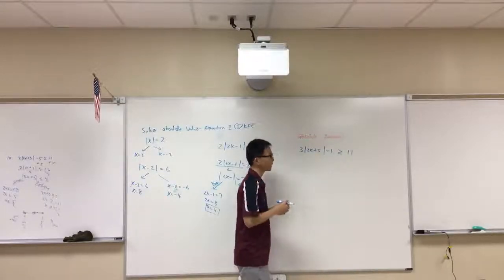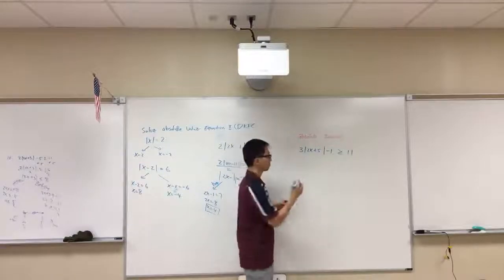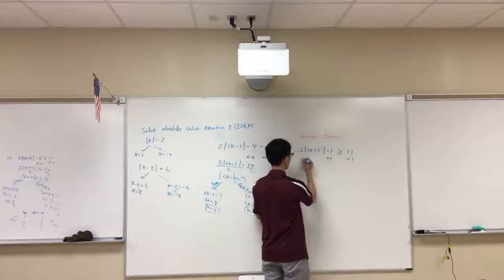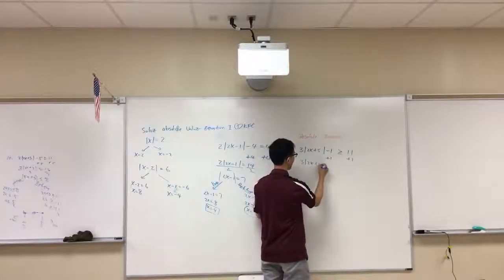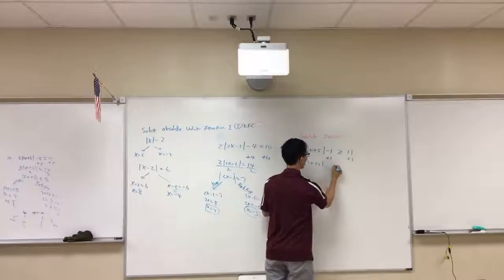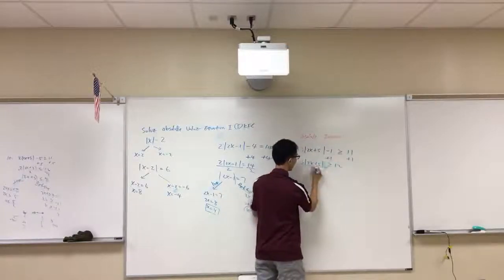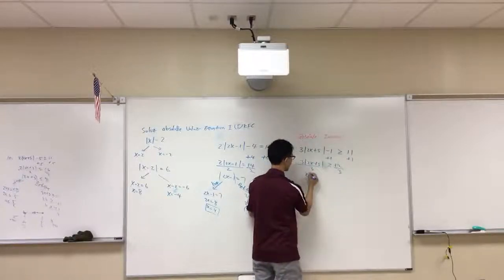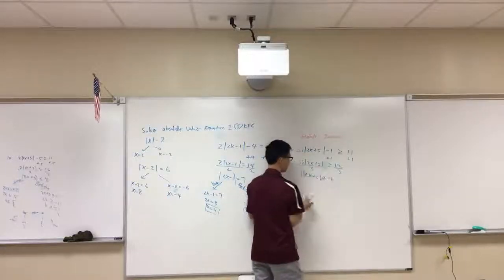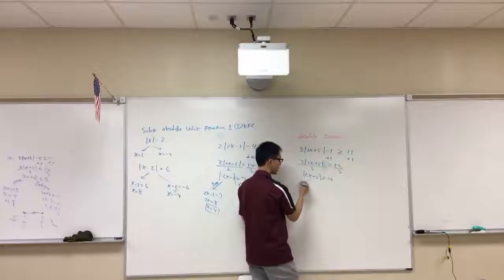So how do I isolate this? Add the 1. Add 1, so that's going to be 3 times the absolute value of 2x plus 5 greater than 12. Divide by 3. So that's going to be the absolute value of 2x plus 5 greater than 4. Now here's the part that's going to be different.